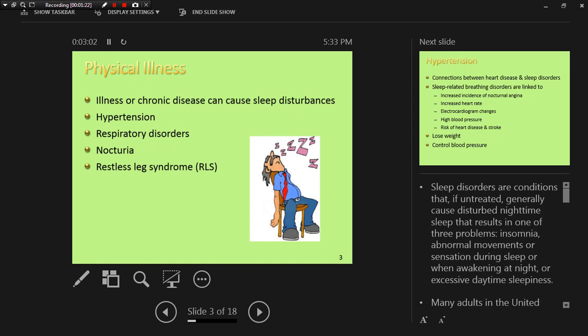So hypertension and cardiovascular disease, there's a close link with insomnia, sleep disorders, obviously a lot of respiratory disorders, COPD, acute issues where there's problems with hypoxia or low oxygen concentrations, nocturia, which simply means urinating at night. So it could be associated with medical conditions or with medications these patients are taking, or it just could be advancing age. And then restless leg syndrome.